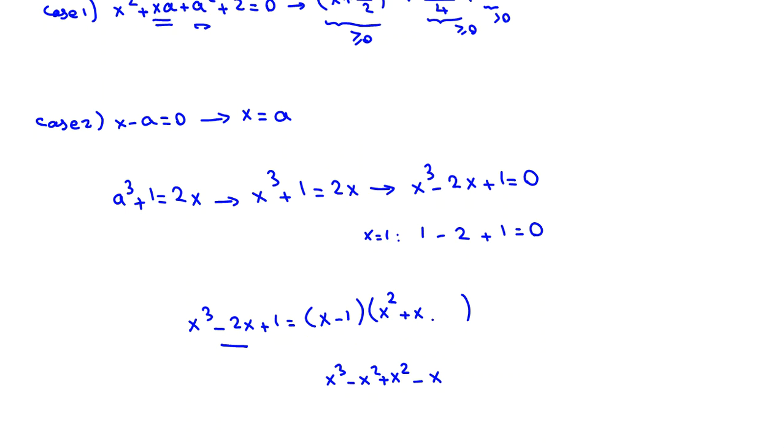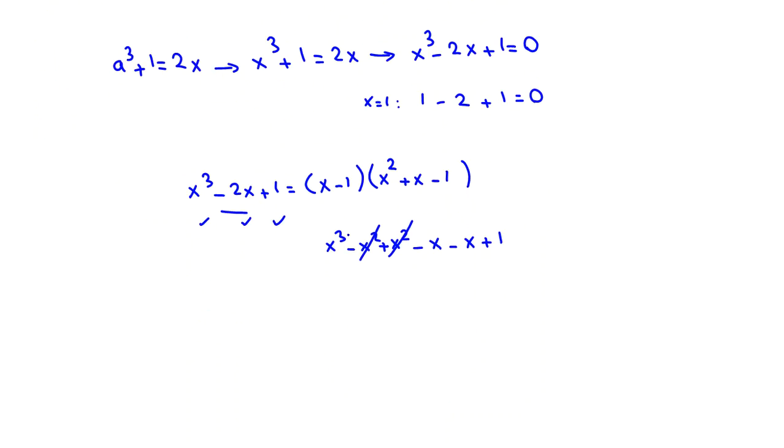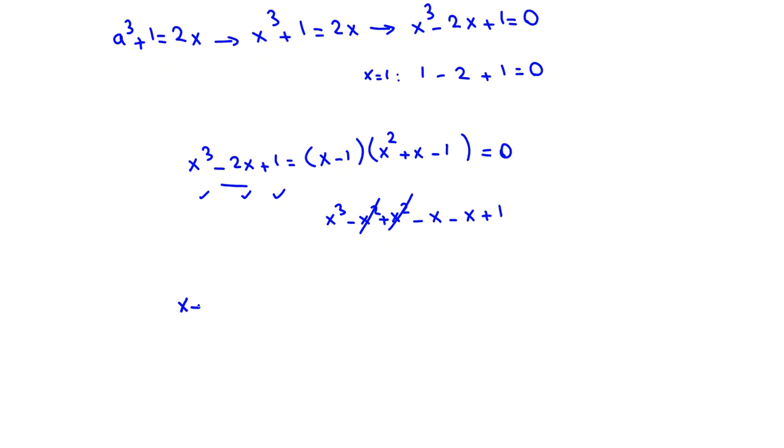But I have negative 2x, so I should place negative 1, which gives negative x plus 1. So this cancels to give x cubed minus 2x plus 1. So x minus 1 is 0, or x squared plus x minus 1 equals 0. From the first one, we conclude x equals 1.